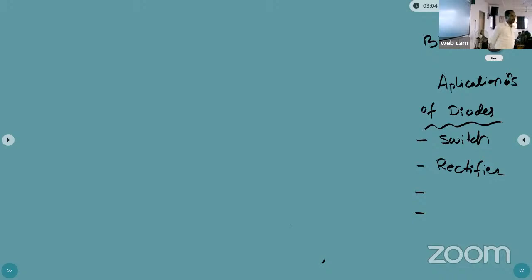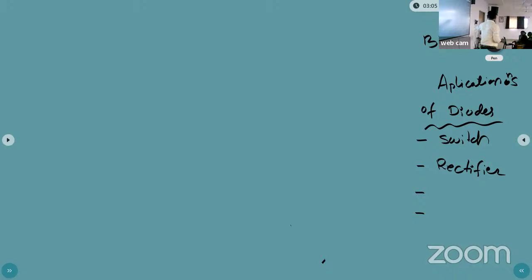Which diode are we using? PN junction diode. Later we can use the Zener diode also in this concept. Now the switch is on and off, like a switchboard. When the switch is on, current is flowing and the device will work. If it is off, current will not flow.